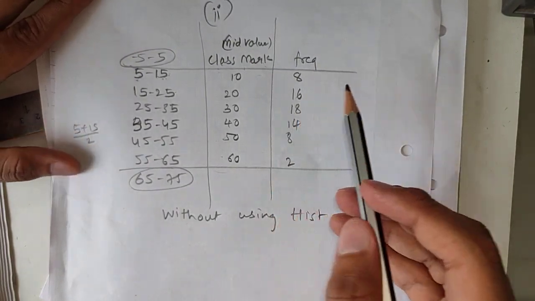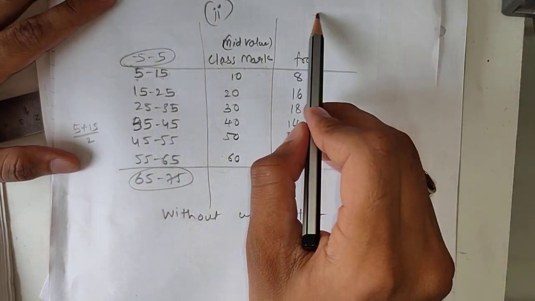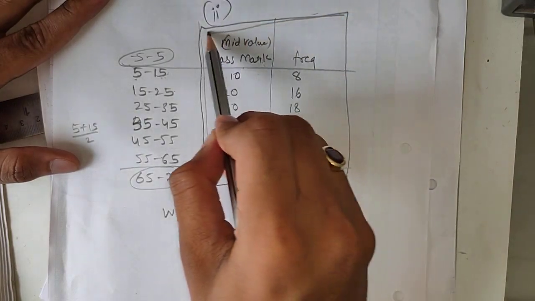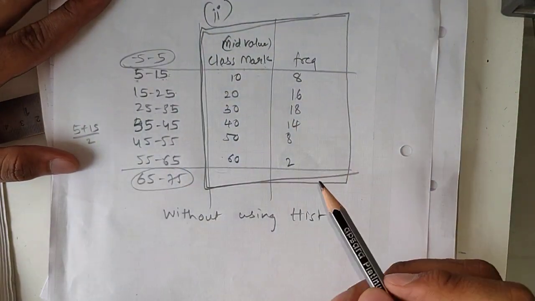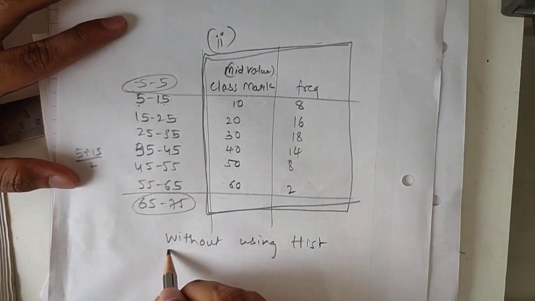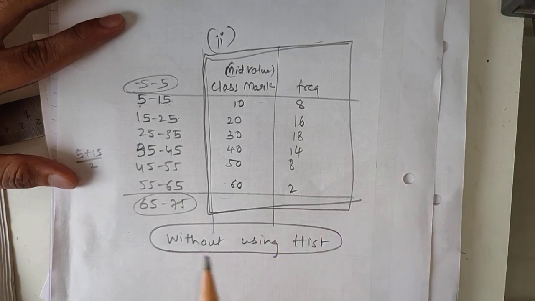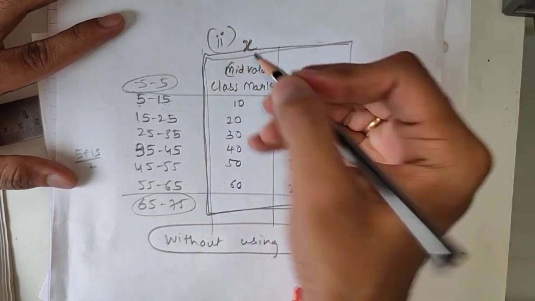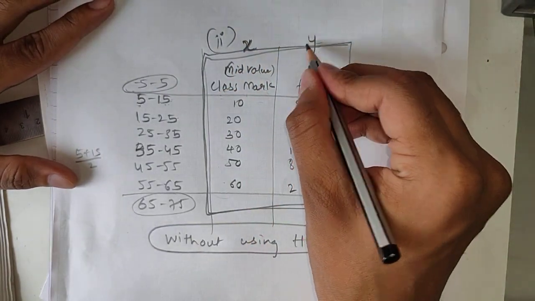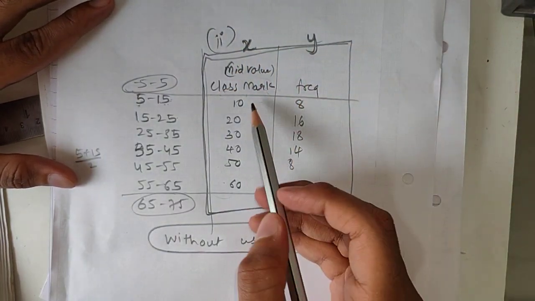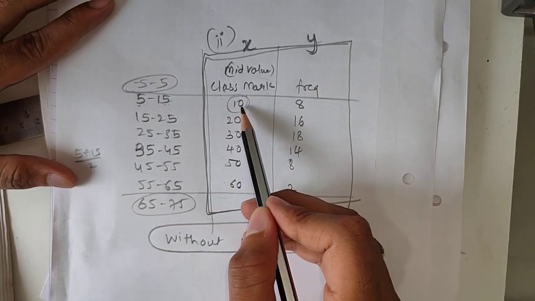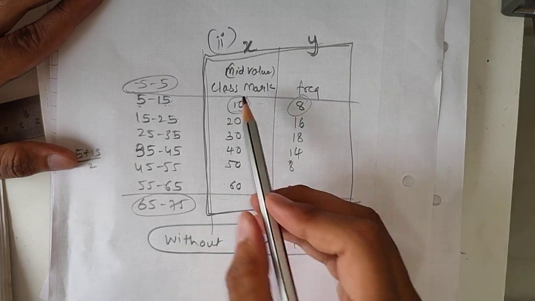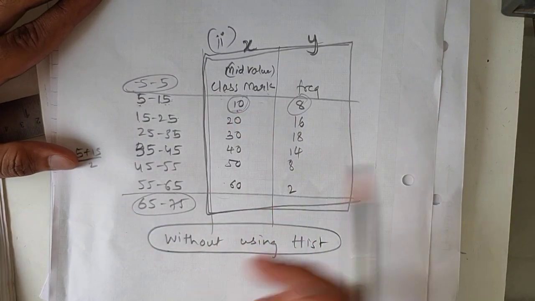Now we will plot these values directly on the graph paper, because we are doing it without using a histogram. See how to plot it. This class mark is nothing but x, and this frequency is nothing but y. So on x the value is 10 and on frequency the value is 8.